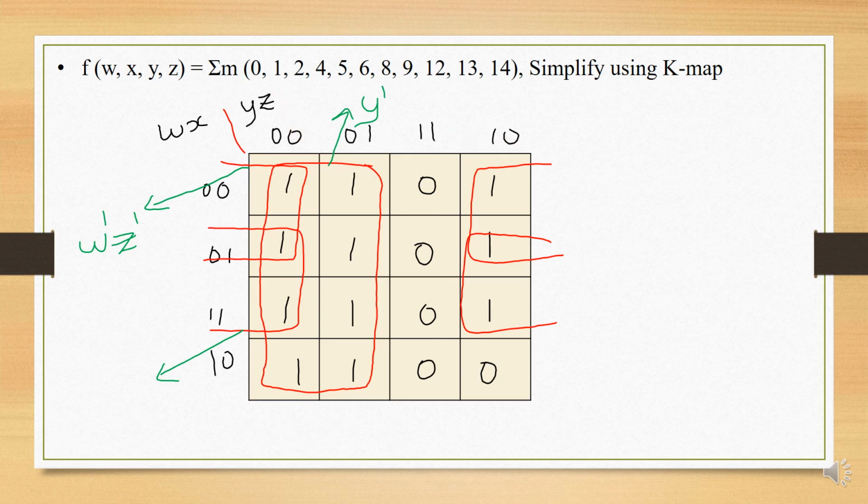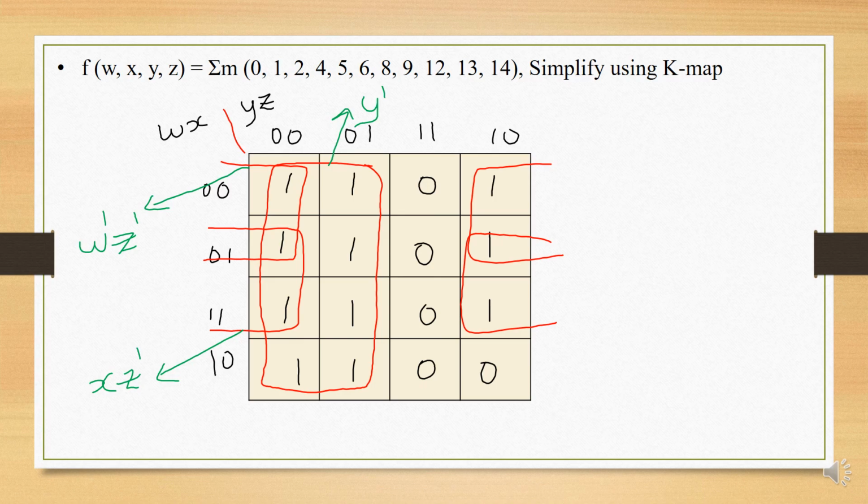So the product term for this grouping is x z bar.